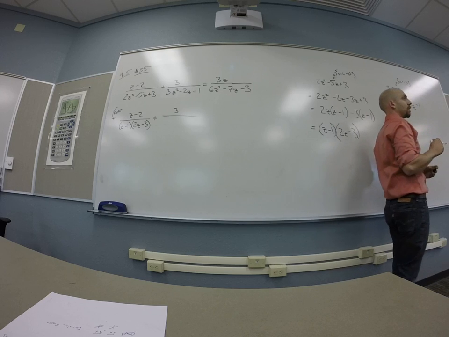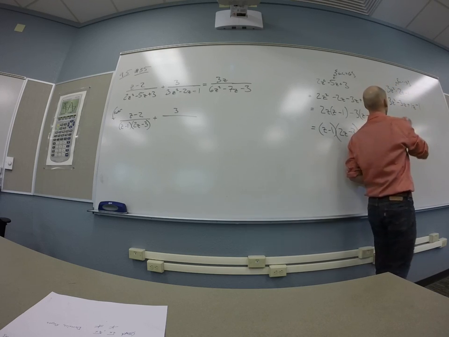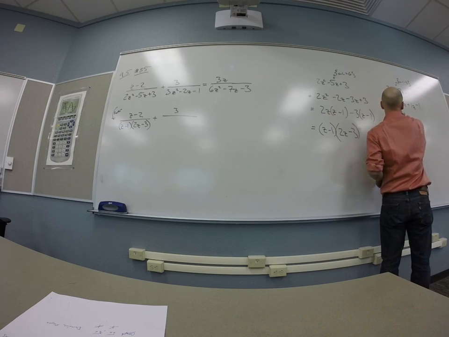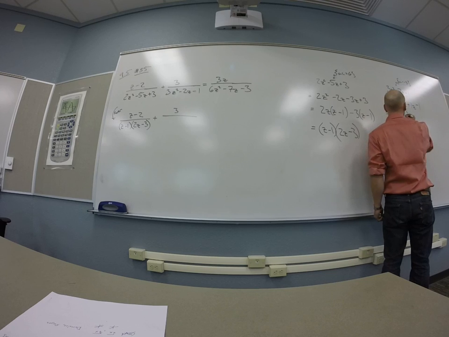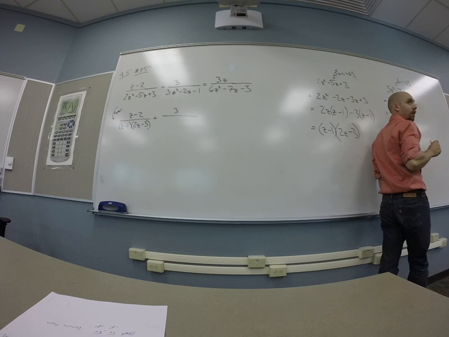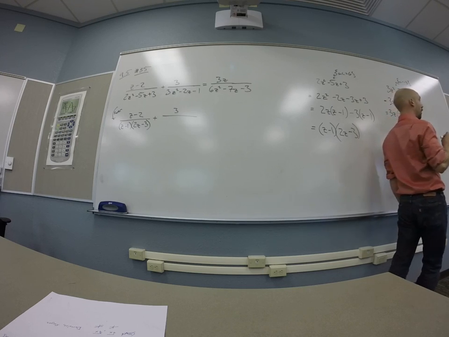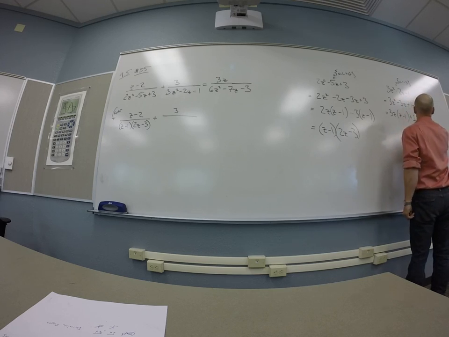Okay, so I got this. What do I factor? 3z. I can factor a 3z out of the left half. What am I left with? z minus 1. And what do I factor out of the second one? Nothing. How about a 1? What am I left with? z minus 1.